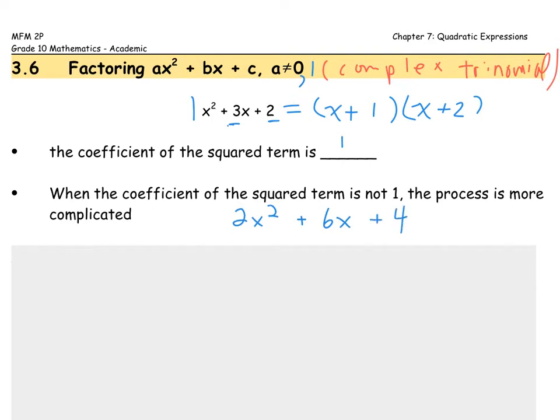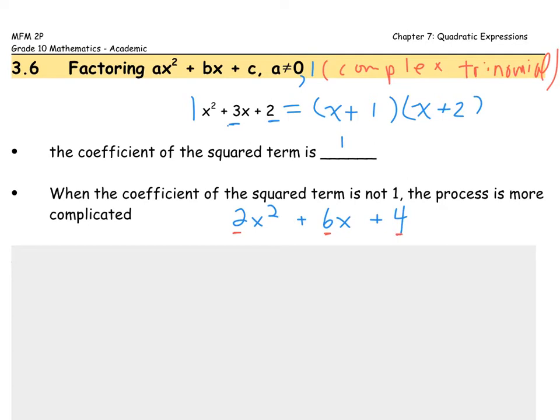At first sight, this looks like it's going to be a complex trinomial because my squared term has a coefficient of 2. But what is the golden rule of factoring? Well, the golden rule of factoring is that you always look to remove a common factor first. And when I look at this, I see that each of my values here is divisible by 2.